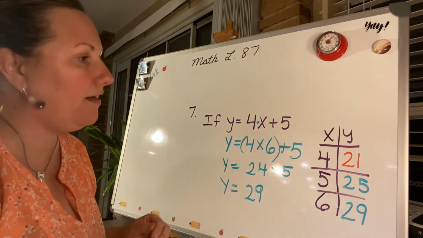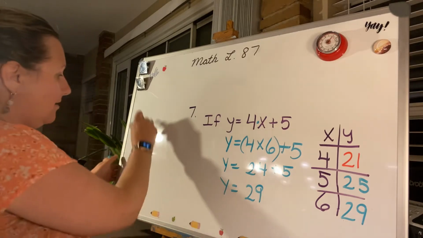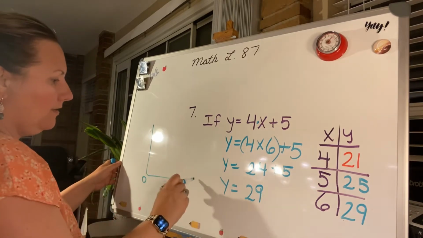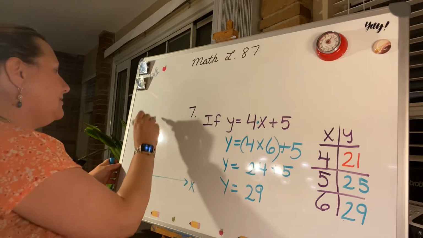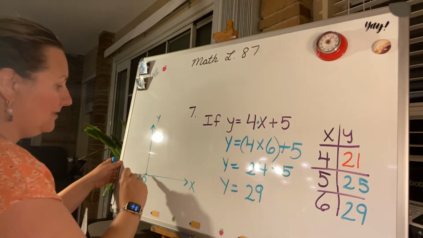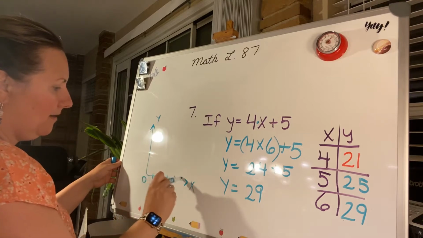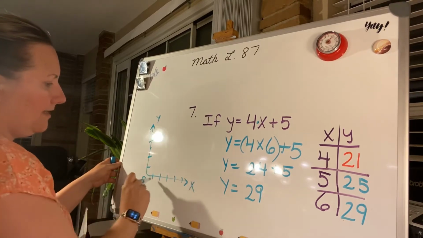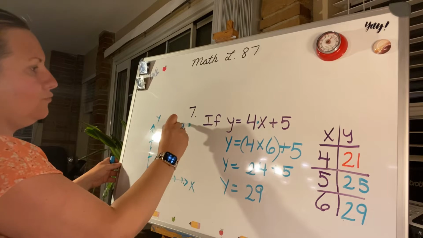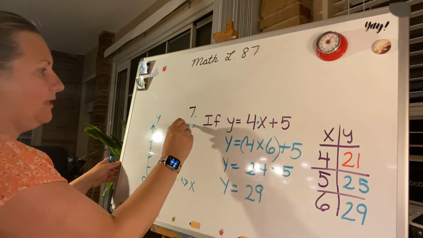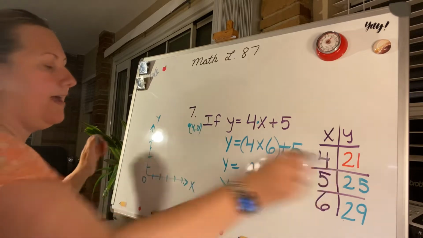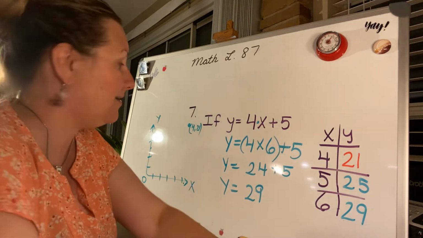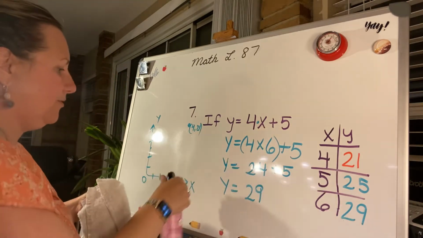Now I could take all this and draw a graph, the x axis here, the y axis here, and I could say 4, 21. That is 4, 21. Remember? And continue on and graph all of those points, which I'm not going to do because that wasn't what we were asked to do.